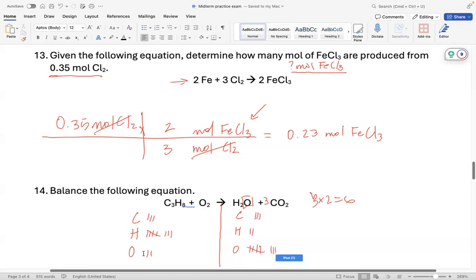That brings my oxygen count to 7, so I have my carbons balanced. I'm going to leave my oxygens for last because I have this O2 by itself, which means I can manipulate oxygen without manipulating any other elements. And I love when I see that. You said 7 for oxygen, but you put 8. My bad.